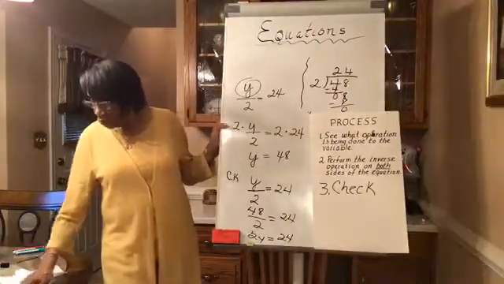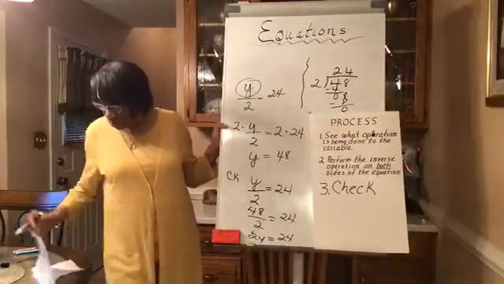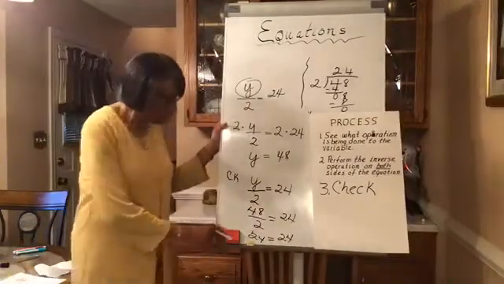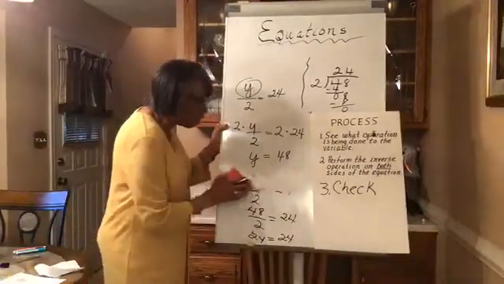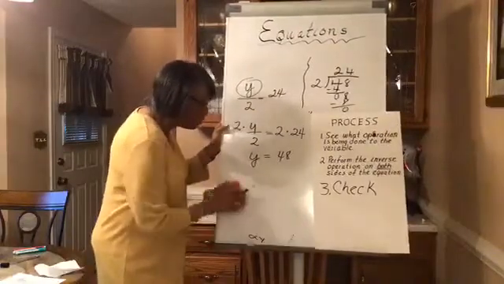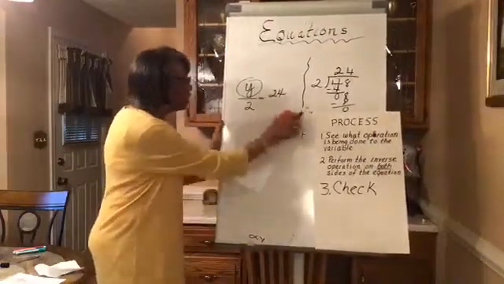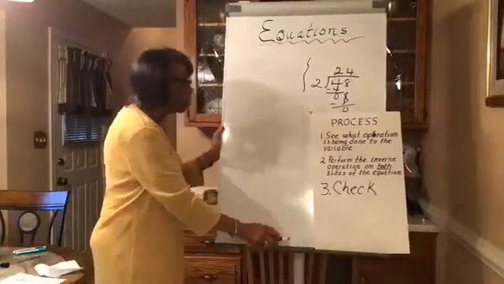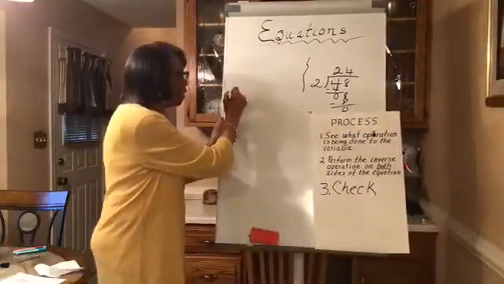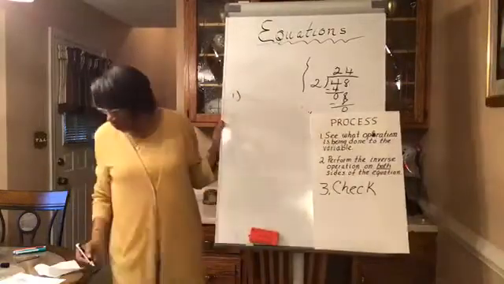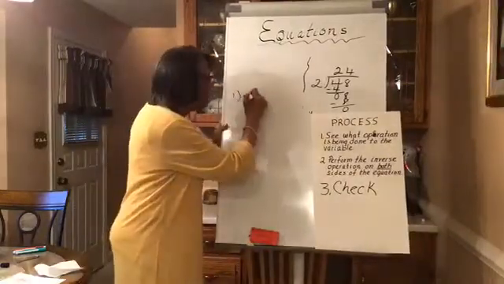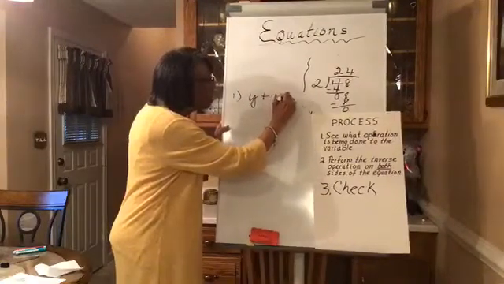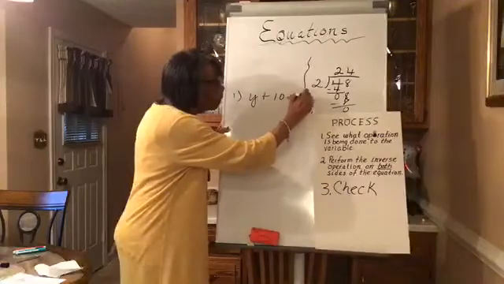I'm going to put a few up here, and we may not go over all of them, but I'm going to put one of each kind. I'm going to pause, and I'm going to see if you can do them. And I'm going to use easy numbers so that you can show me that you understand. All right? For the first one, let's do y plus 10 equals 12.